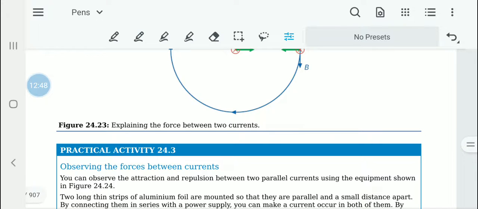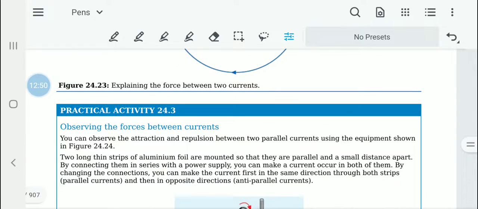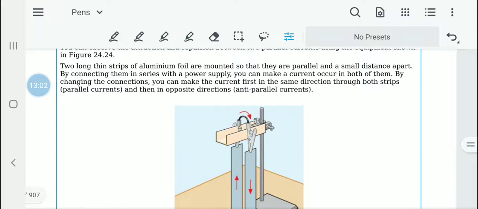The forces between currents can be practically observed using aluminium foil attached in series to a power supply.